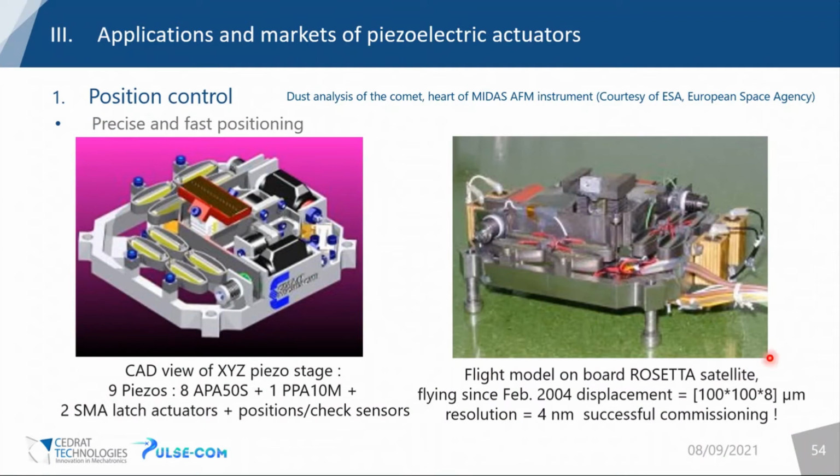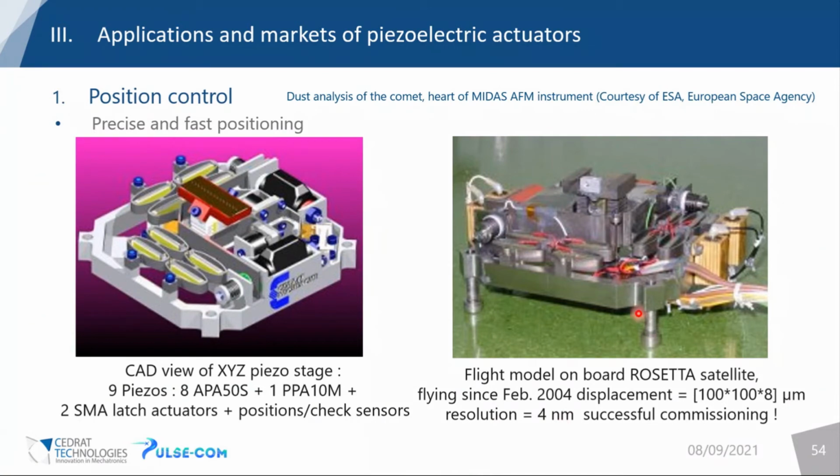This stage featured displacement on 2 axes of 100 micrometers, and 8 micrometers vertically, and had a resolution of 4 nanometers. So it's a very precise positioning.